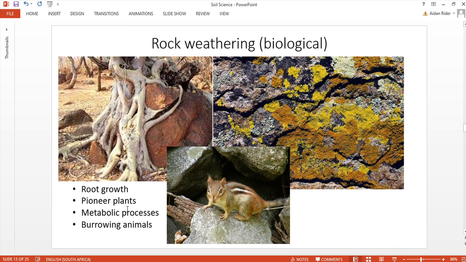Then we also have things called pioneer plants over here, like your lichens. It's the most abundant plant. It's called pioneer plants. When a new ecosystem starts to form, they are the first plants to grow in any area. So if this area, this picture doesn't show, but if there was no soil around here, if everything was bedrock and rock, the lichens are the first plant types that try and look at all these fissures.